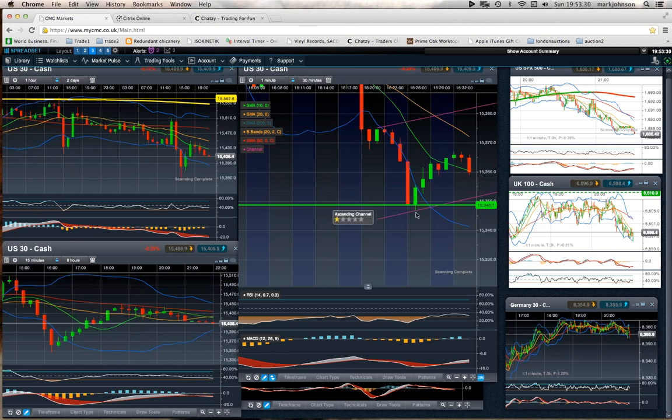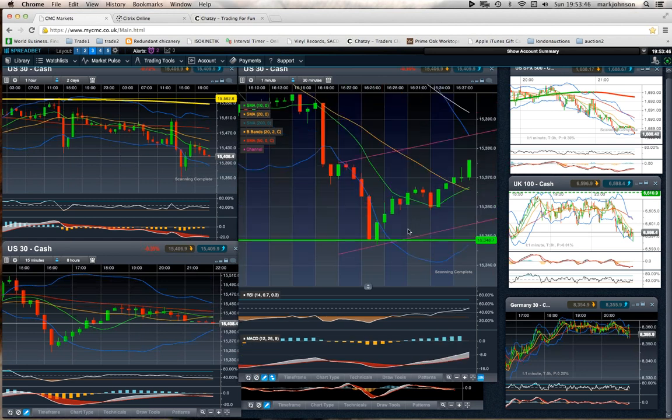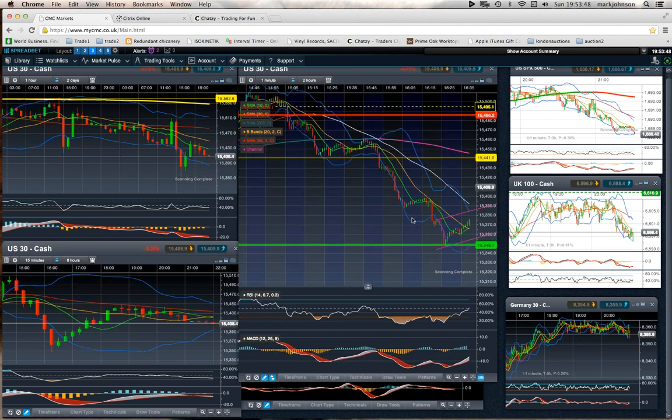But the fact that they've done it on this support level here, which was previously a daily resistance level, a long-term resistance level, it was. I think that was where I stopped and looked at starting to go long here.